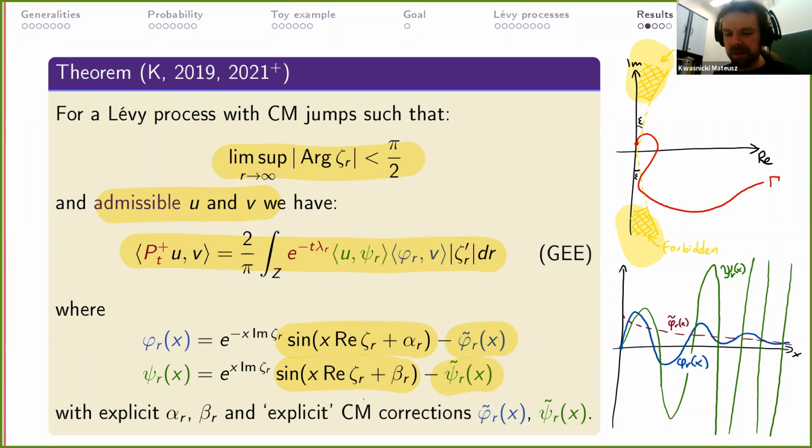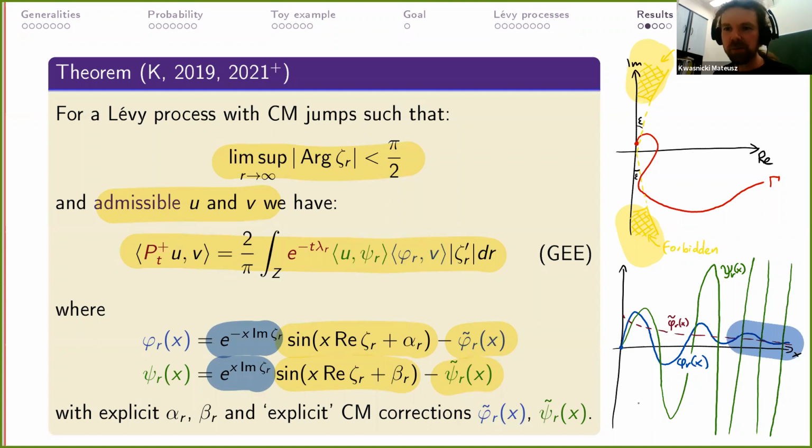But what is striking here is that you get an extra exponential term here. And the exponential term depends on r, so it can get really huge. So the usual picture of phi and psi is here. So if, say, the imaginary part of zeta is positive, then phi will behave like a sine for a certain initial amount of time, and then it will converge to the correction.